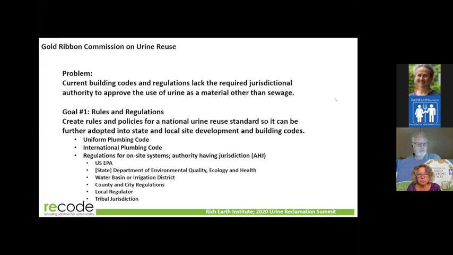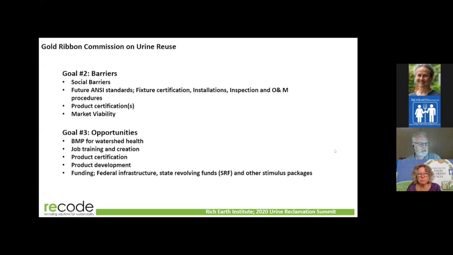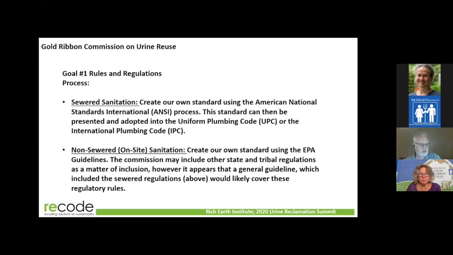And so the idea behind this is going to be to use the ANSI process, which is the American National Standards Institute process, which can then be adopted into the Uniform Plumbing Code or the International Plumbing Code with great ease.